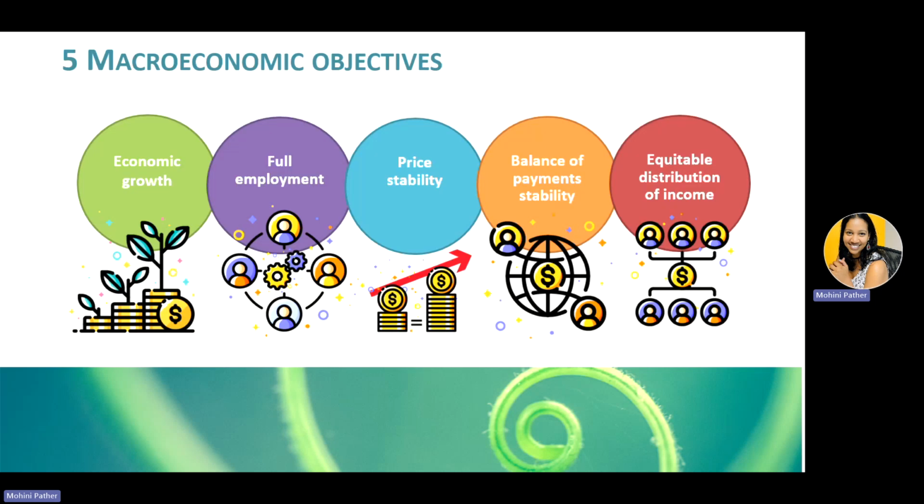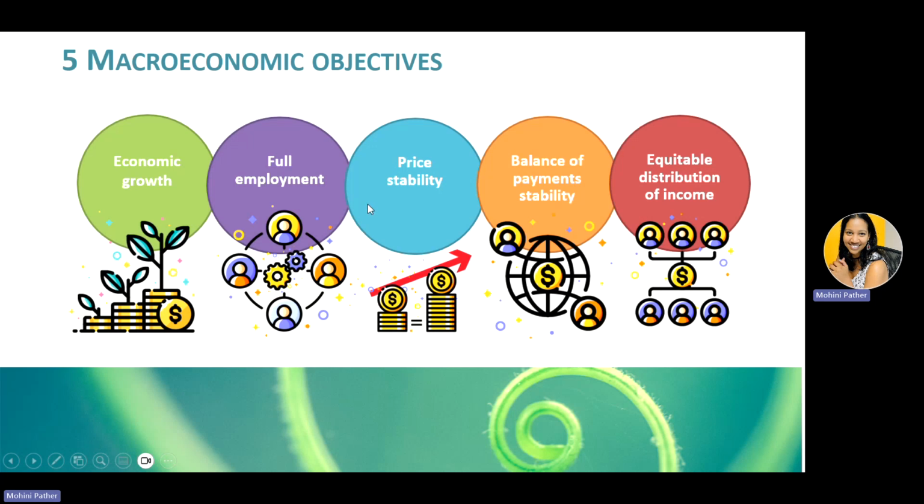Okay, so very quickly, your 5 macroeconomic objectives are simply economic growth, full employment, price stability, balance of payment stability, and equitable distribution of income. Of course, those are all very important and critical objectives of a government and every macroeconomic system. But it's important to understand how to balance these objectives too. Economic growth is necessary because we need to expand our PPC.